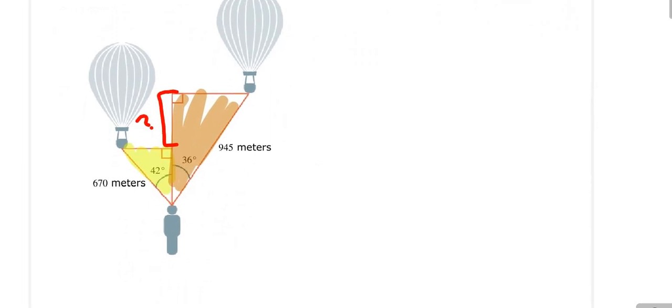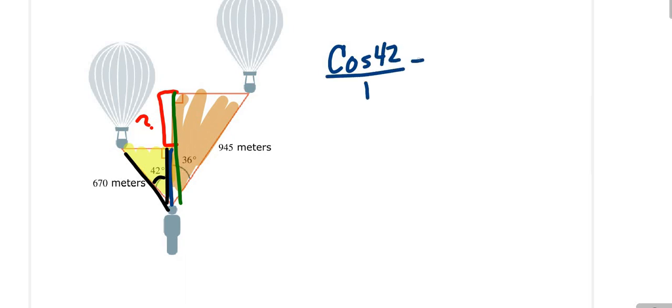So in order to get the red, we need to first find the blue and the green and subtract. From the 42, that's adjacent and hypotenuse. So we're going to get cosine 42 equals, we'll call this x over 640.